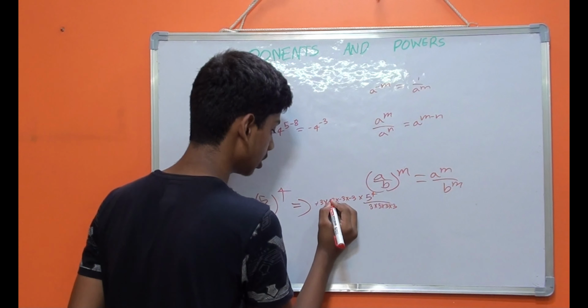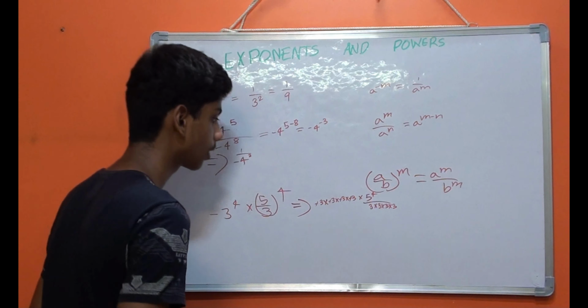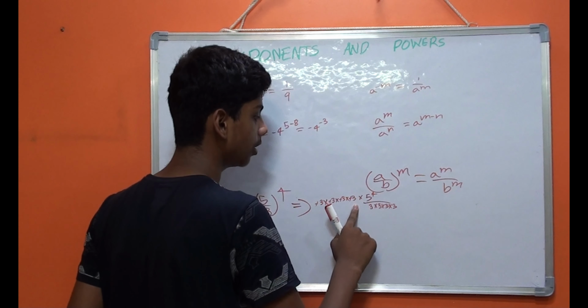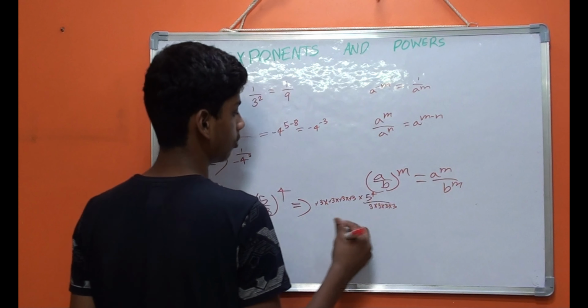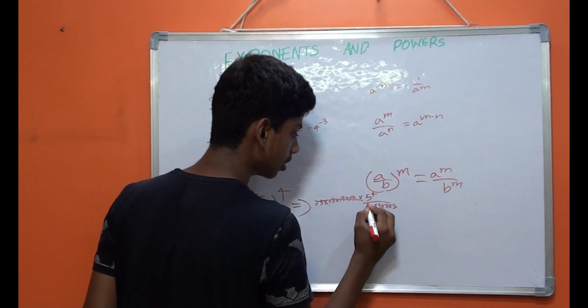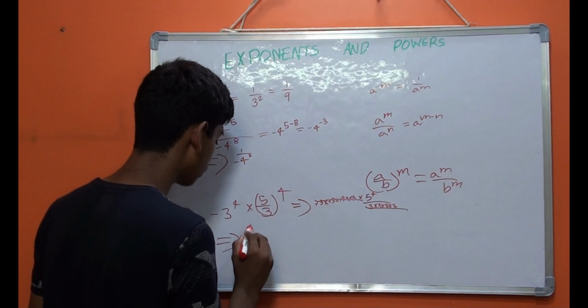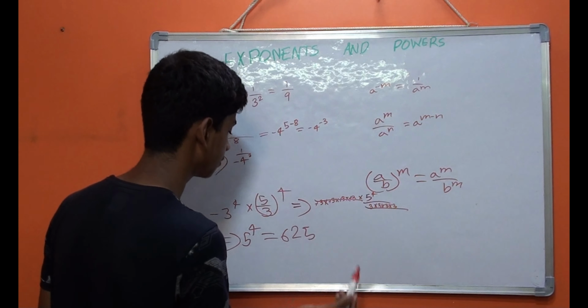So this and this get cancelled, and here two minus and minus. Then we would have 3 into 3 into 3 into 3 into 5 power 4 by 3 power 4. Then we would cancel this and this. Then we would get the answer as 5 power 4, and 5 power 4 equals 625.